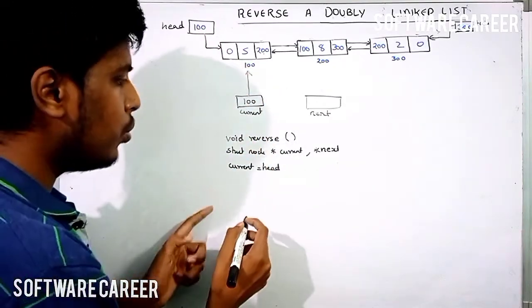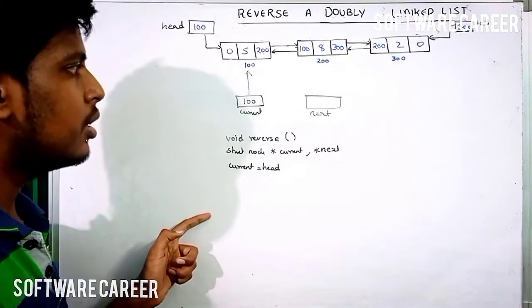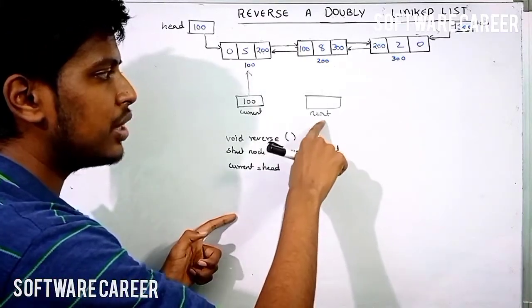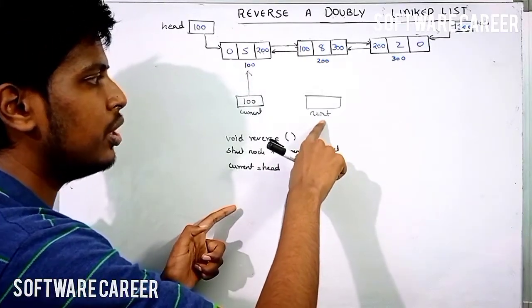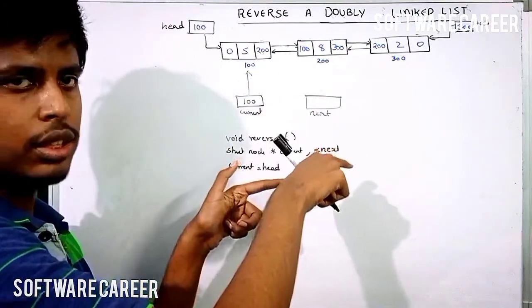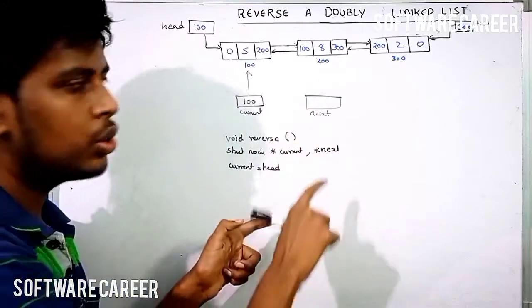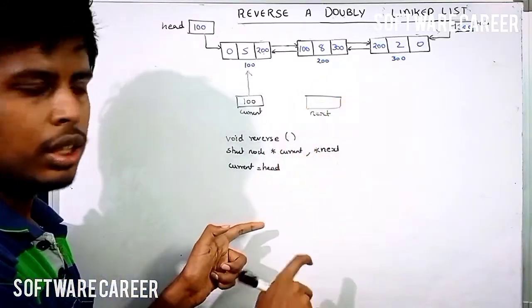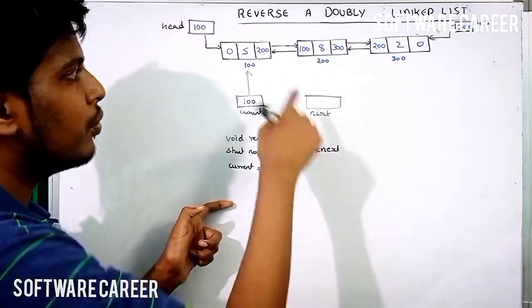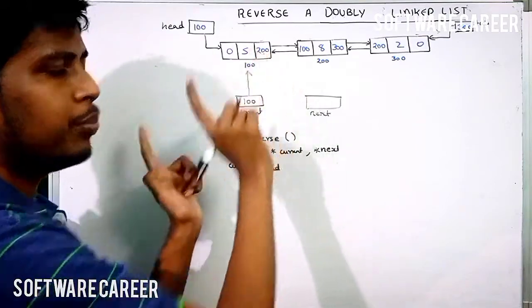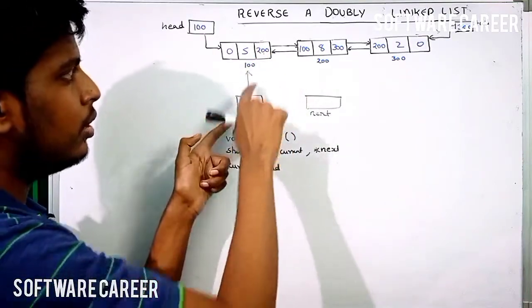Now see, now the main step starts. Now see, now the first step is next pointer should point to the next node of current, where current is pointing at 100. So next should point at 200. So you should store 200 over here. Now how can you access 200? From the next pointer of previous node, that is current next.